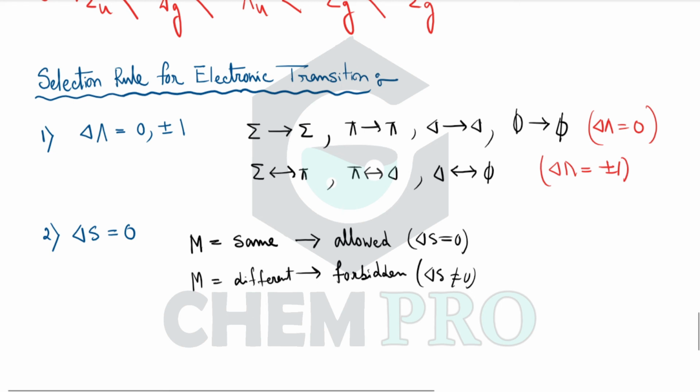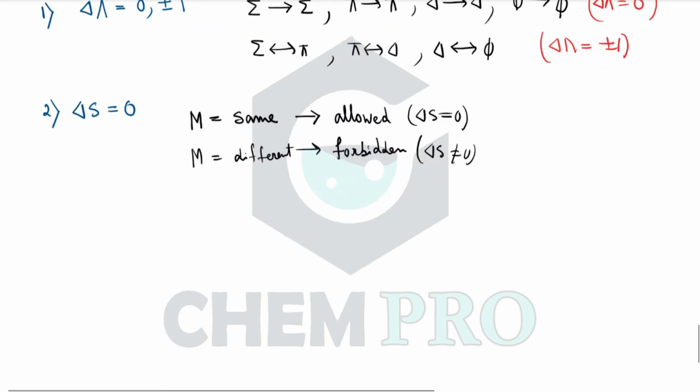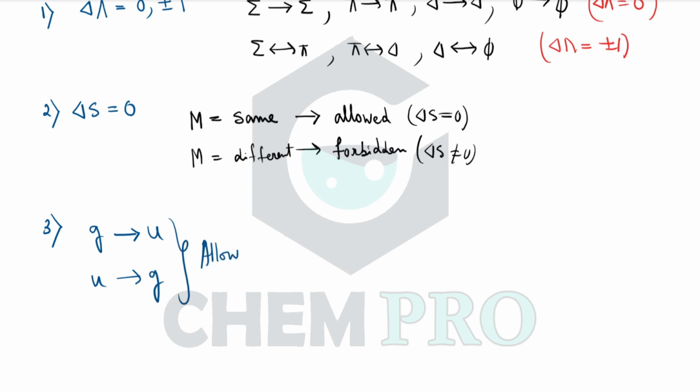Now the third point is that the transition should be from G to U or U to G. These transitions are allowed. But U to U or G to G transitions are forbidden.